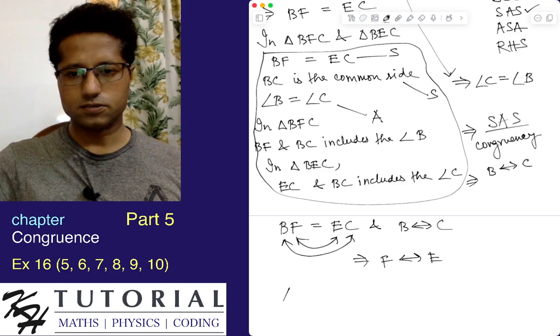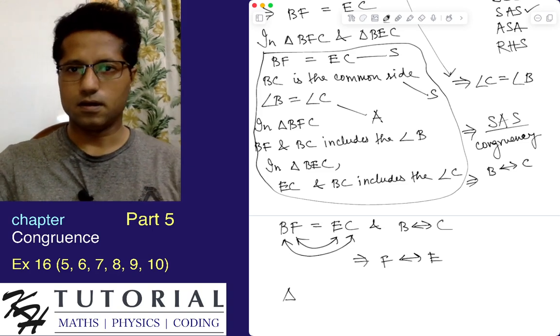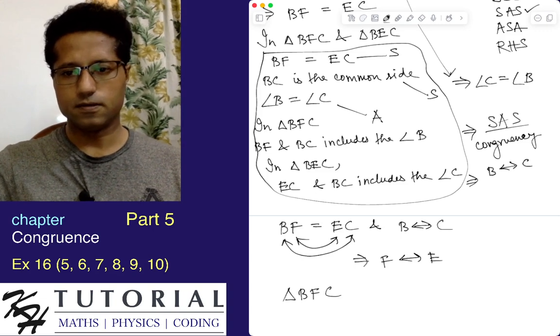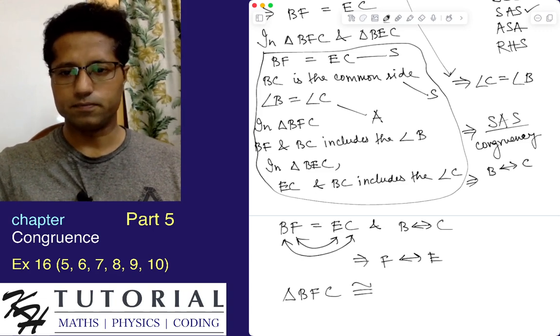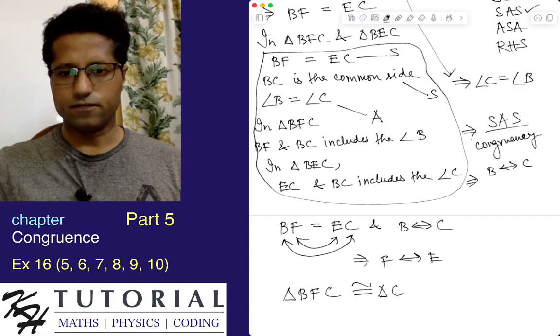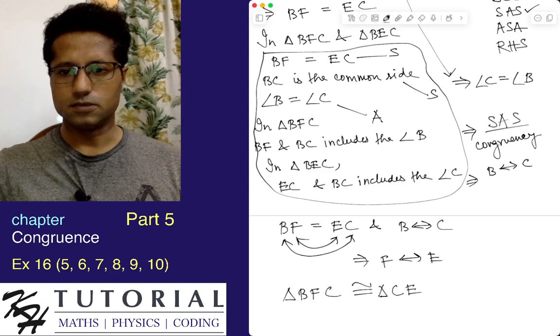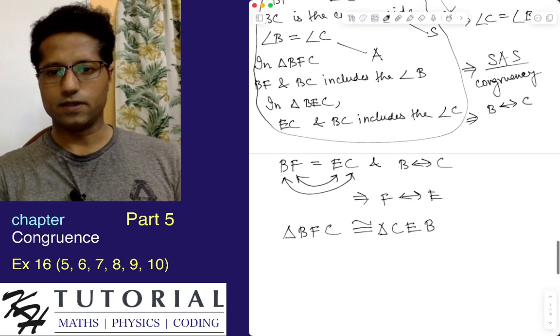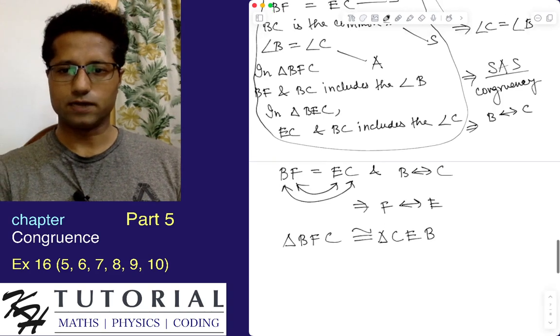And hence the congruence relation will be: if I consider the triangle BFC, B is mapped to C, F is mapped to E, and C is mapped to B. So this is the congruence relation we have, triangle BFC congruent to triangle CEB.